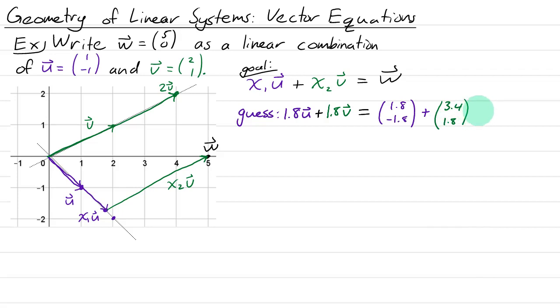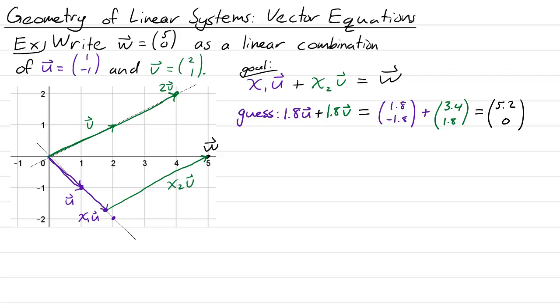And if you add these up, what you'll get is 5.2 and 0. So it's sort of close. It's not 5.0, but it's 5.2. And of course, we want a way to get this exact, rather than just trying to eyeball it from pictures all the time, which isn't a very good engineering practice. So how do we get it exact?